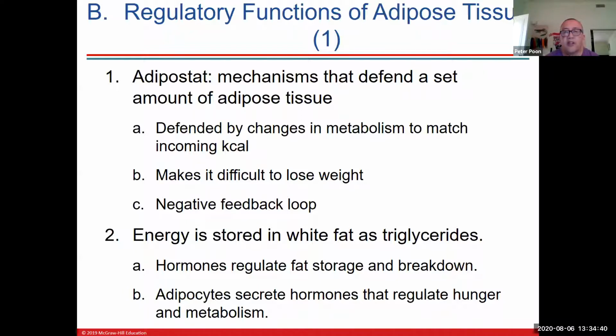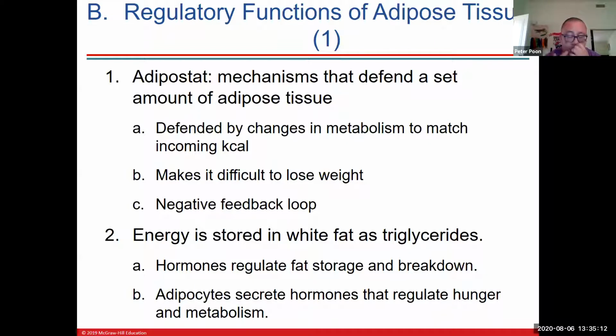The regular functions of adipose tissue. There are mechanisms that defend a set amount of adipose tissue. They defend by changes in metabolism to match incoming calories. So eating less is great, but you would think eating less will make you lose weight, but you compensate for that by being lazier.